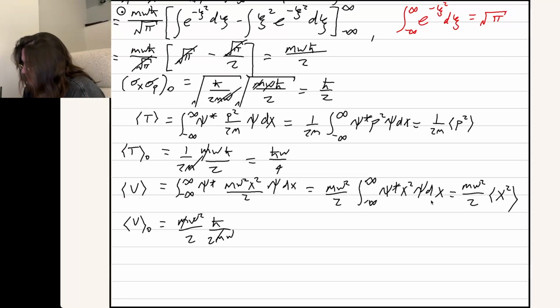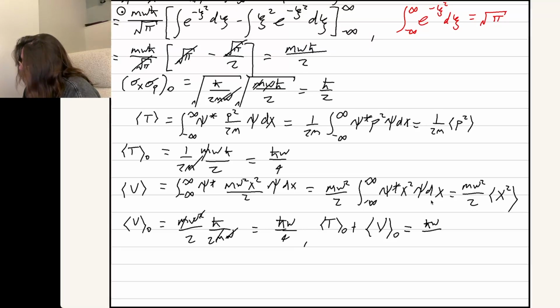But we get the same result as we got for the expectation value of kinetic energy, which is kind of a proof of virial theorem, but it's even more satisfying whenever you actually add up the kinetic energy and the potential energy, which in theory should give you the overall energy, and it does do exactly that.